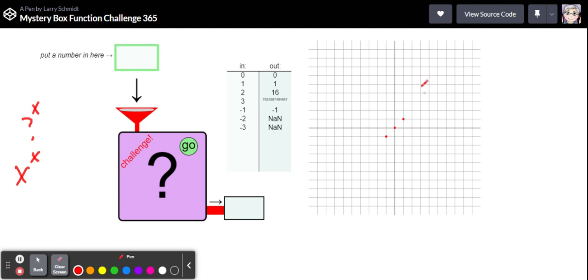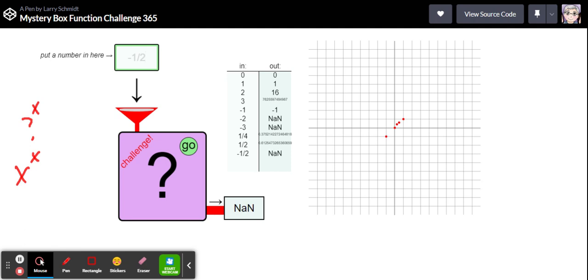I actually want to see this curve a little bit better. So I'm going to put in some values between 0 and 2 here. So let's put in, let's say, a 1/4 and a 1/2. Okay, so you can start to see the shape of that curve. I'm going to guess that -1/2 is undefined as well, but let's see. Yeah, so that makes sense to me.